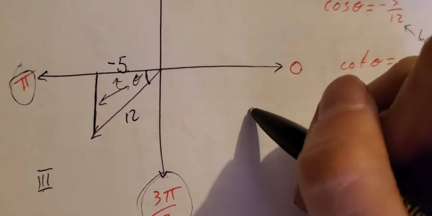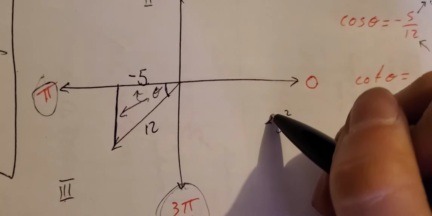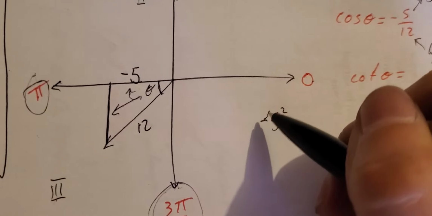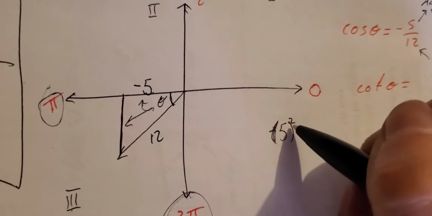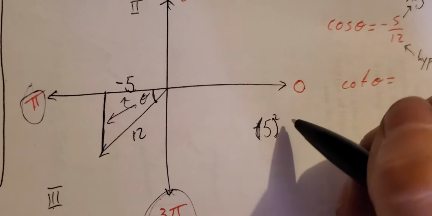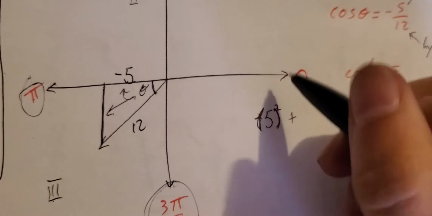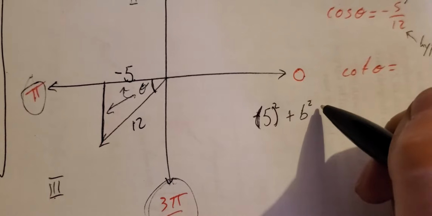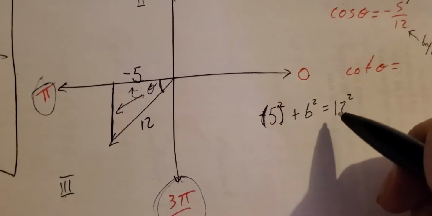So it'll be 5 squared. It doesn't really have to be negative 5; it can also be positive 5, because it's going to be squared, and any number squared is positive. And then that plus our missing side, let's call that b squared, equals the hypotenuse 12 squared.